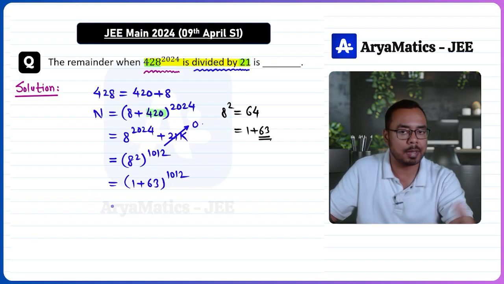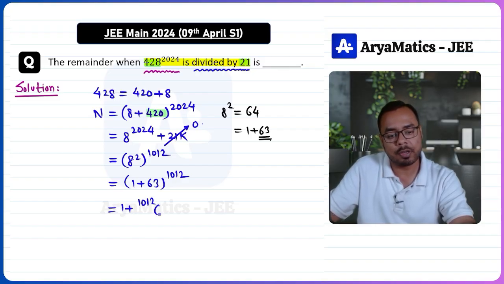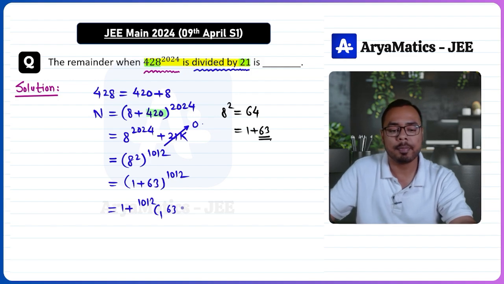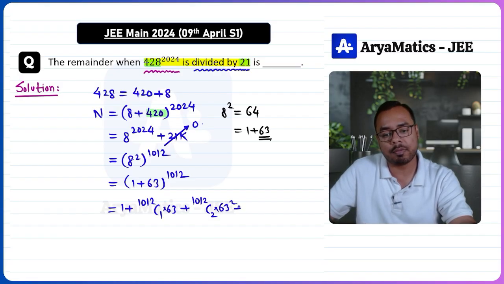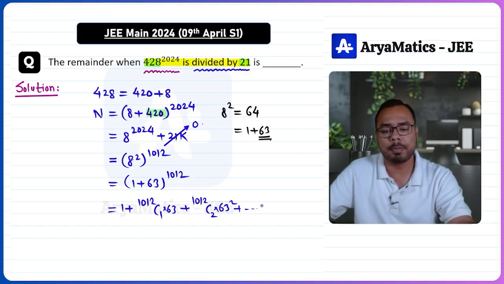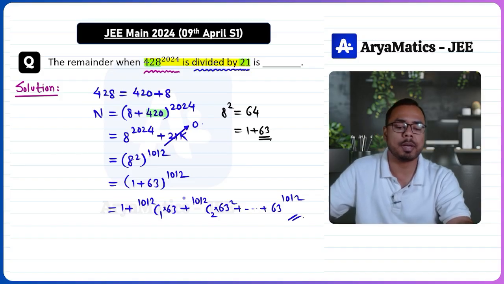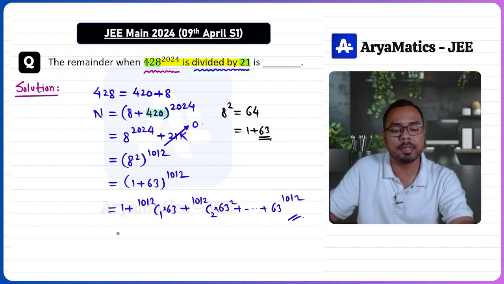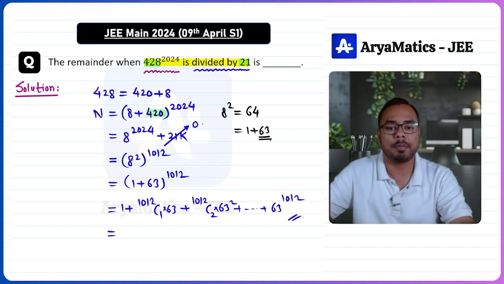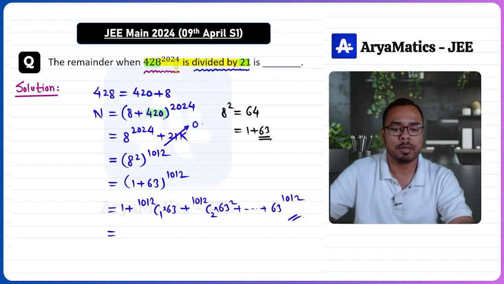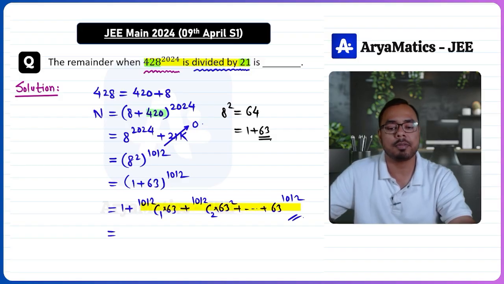Now you can see that if I expand it using the binomial theorem, then we get 1. The next term will be 1012C1 multiplied by 63. After that, the next term will be 1012C2 multiplied by 63 square. The last term will be 63 raised to 1012. Once you practice a binomial problem, you can directly see the answer. Now all of these numbers, except the first one, are multiples of 63, and 63 is a multiple of 21.